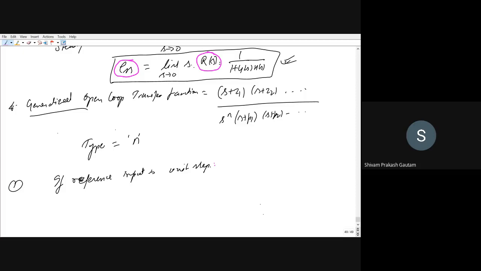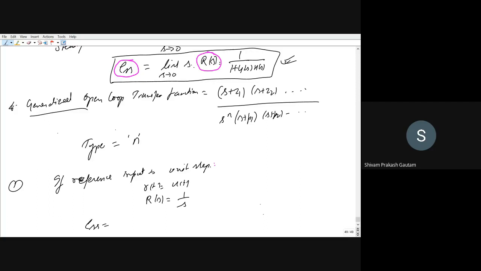So if the reference is a unit step, that is r(t) will be equal to u(t). And what is the Laplace transform of unit step? 1 by s. So let me rewrite the formula.